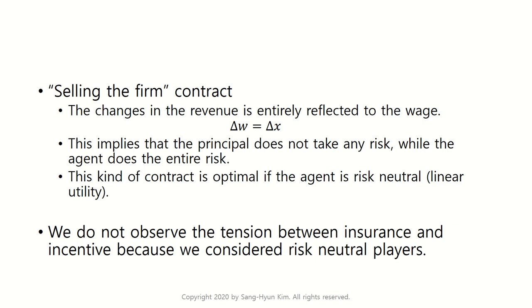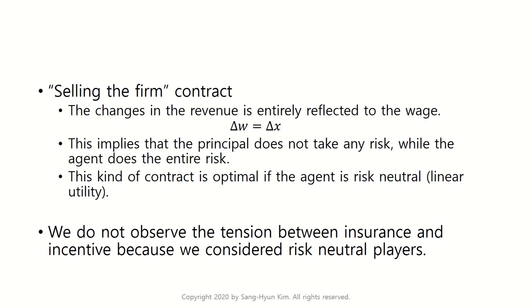we haven't talked about the tension between insurance and incentive, and one reason is we haven't figured out the optimal, the first best contract. So we haven't compared the solution that we just derived to the first best case, and the second reason is there is no tension between insurance and incentive in this model.